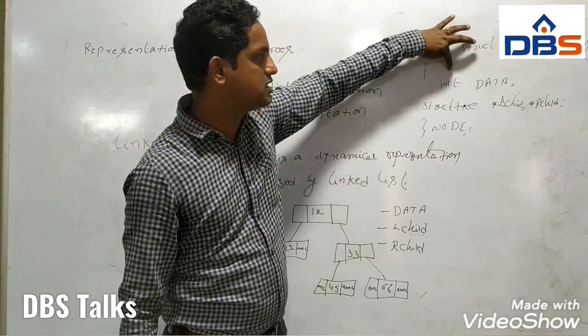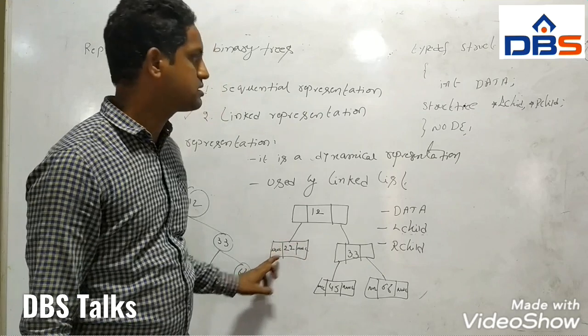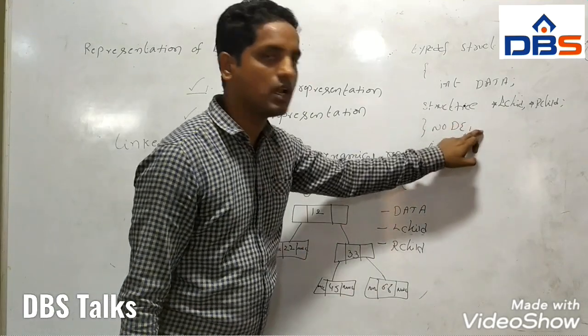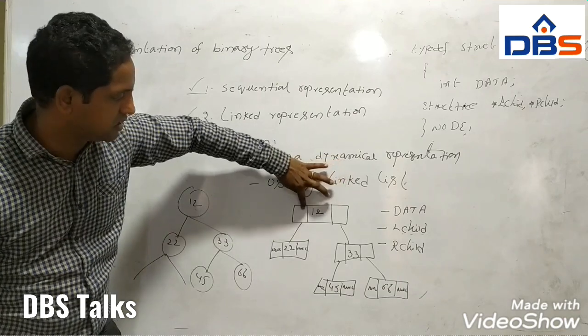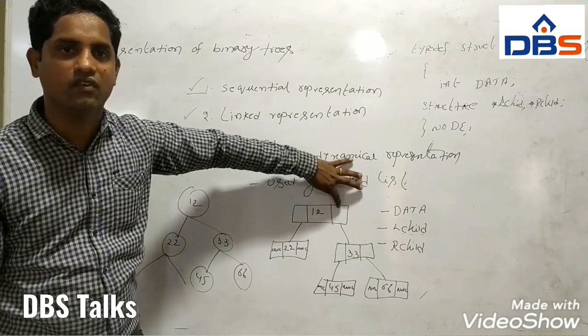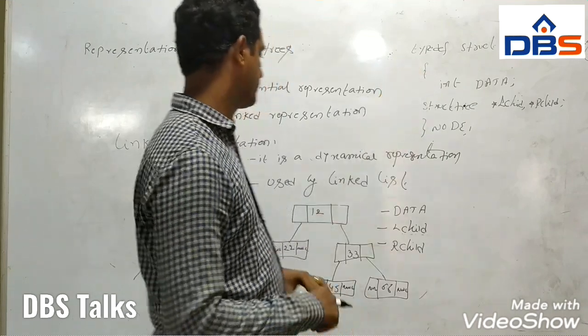The data is an integer, and there is the left child and right child. In a node, it is the data, the left child and the right child. In that way, we have to create one structure.